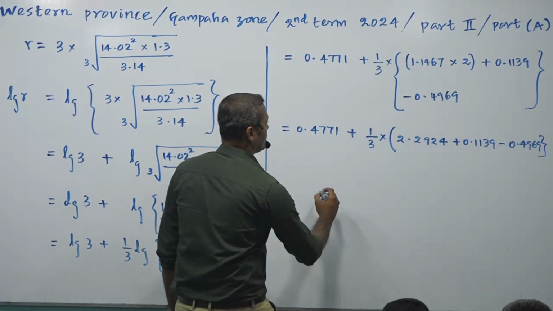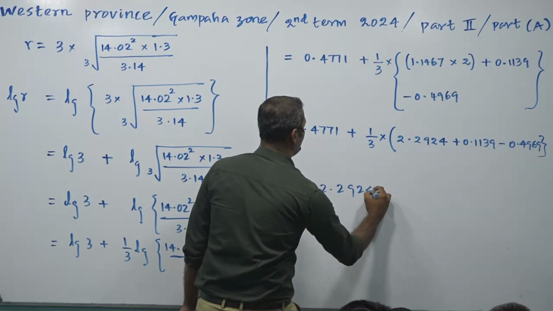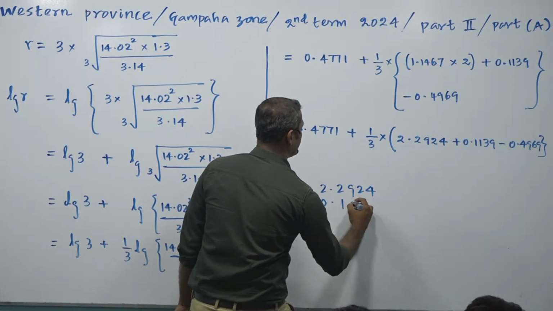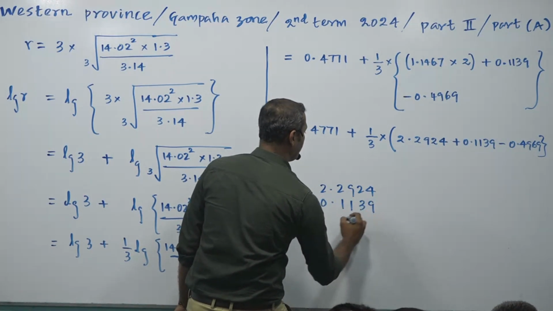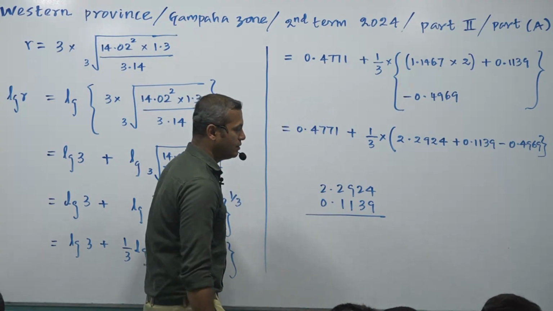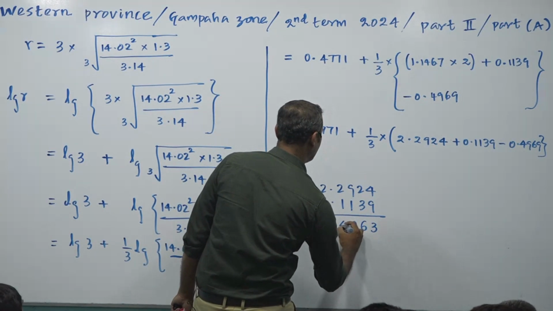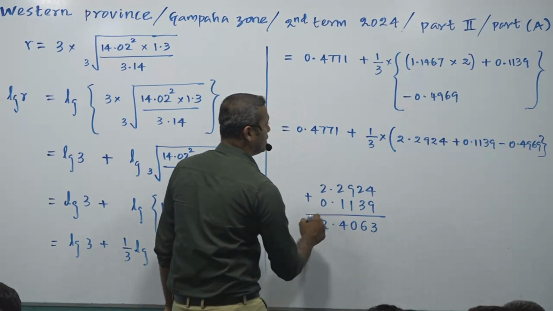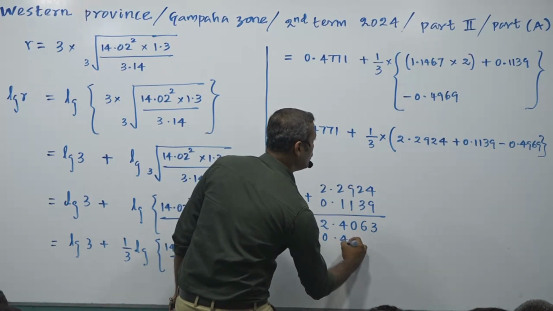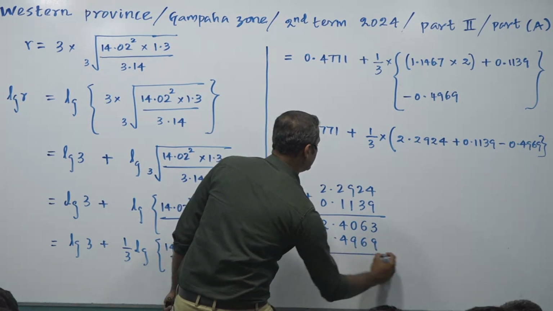Okay, then here see 2.2924, 0.1139. Add them. We'll get how much? 13, 1 remains, 6, 0, 4, 2. And then subtract 0.4969. Subtract.